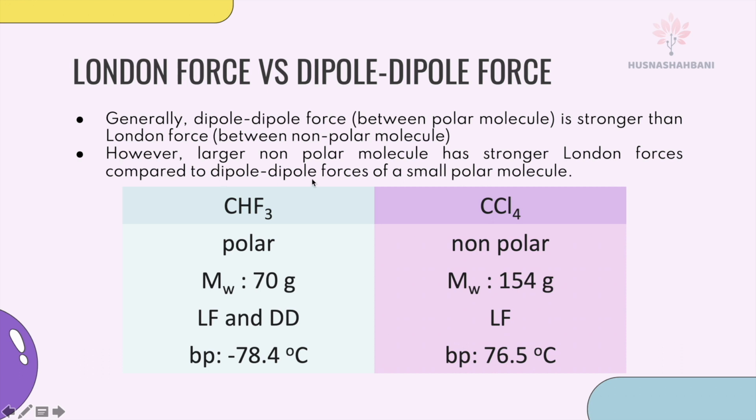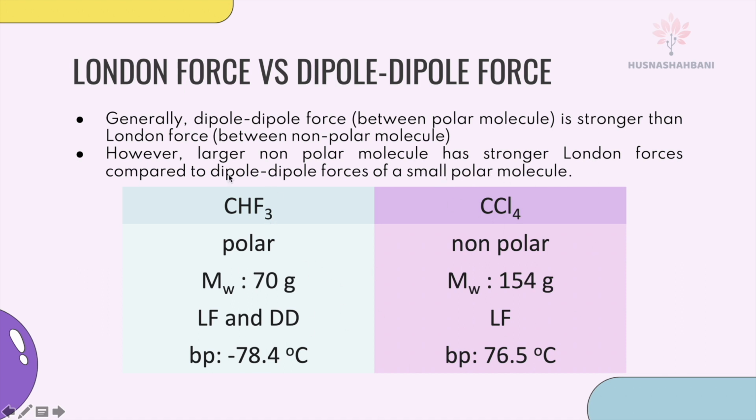However, if the non-polar molecule is larger than the polar molecule with dipole-dipole force, the non-polar molecule has stronger London force. If the non-polar molecule is larger than the polar one, it means the polar molecule is small. So the London force will be stronger than dipole-dipole if the non-polar molecule is larger than the polar molecule.